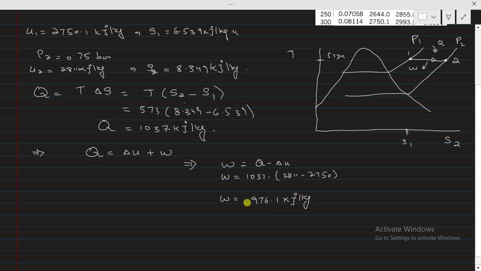But remember, here you will write the negative sign. Why? Because work is done by the system during this process when the working fluid is steam. So the negative sign is mandatory to write here. So these were our final answers.